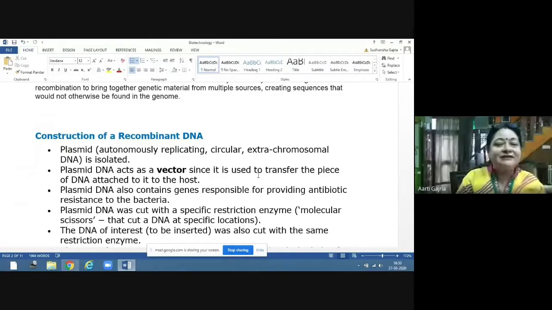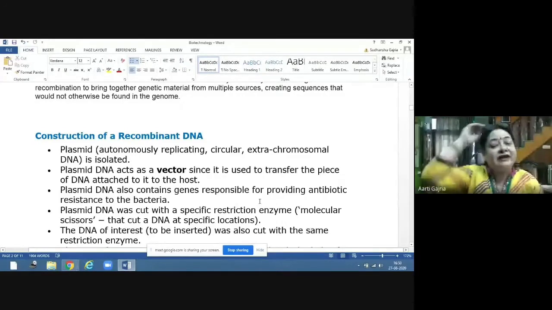It is transferring the piece of DNA which is attached to it to the host. So it is transferring the gene of interest to the host. That's why it is called vector. Now, plasmid DNA also contains genes responsible for providing antibiotic resistance to the bacteria.